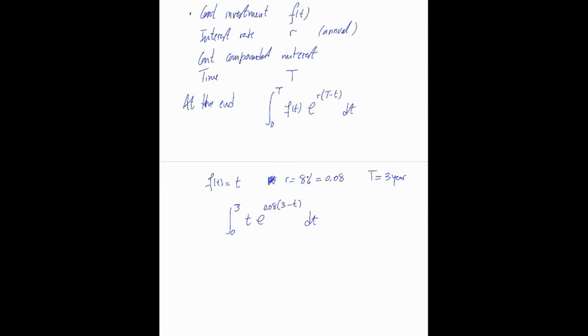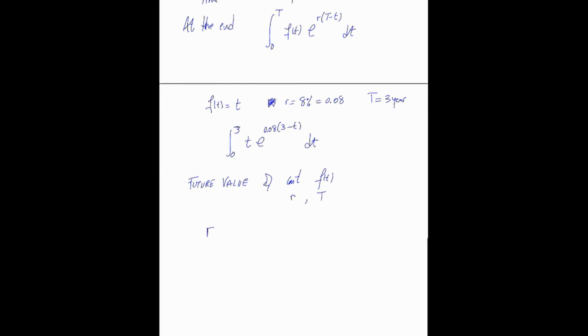This in mathematics is called the future value of the investment, because it's the value you get at the end. So the future value of a continuous investment stream f of t at a rate of r over a period of t years is equal to the integral from 0 to t of the investment function times e to the rate times total time minus local time, dt.